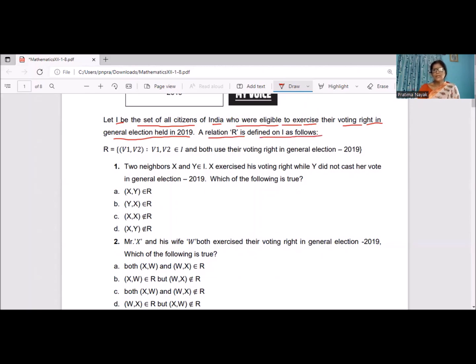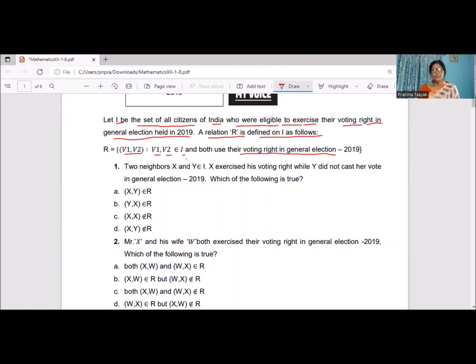It's like this: a relation is the set of all ordered pairs (V1, V2), voter 1 and voter 2, where voter 1 and voter 2 belong to the set of citizens who were eligible to vote. Both used their voting right in the general election. That means when V1 and V2 both cast a vote, we take the ordered pair of this relation. So this ordered pair (V1, V2) belongs to the relation.